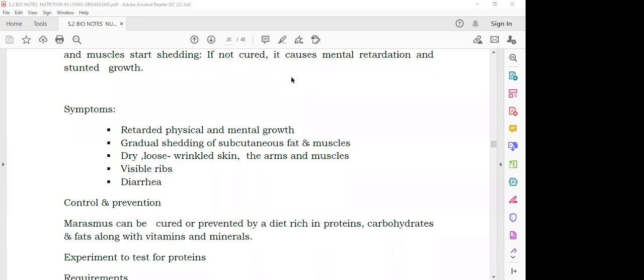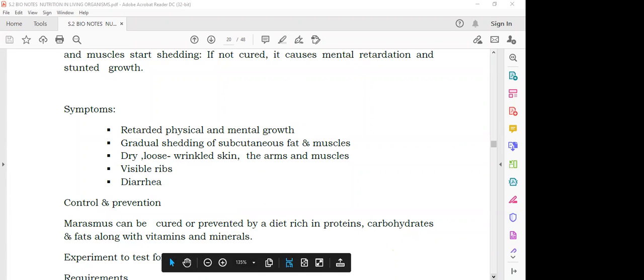You put on your t-shirt or blouse, and the ribs are out, or any part of the rib which can be seen will be clearly seen because you don't have tissue. Marasmus comes because there's no energy food you have been getting, and still you don't have protein food along with that.